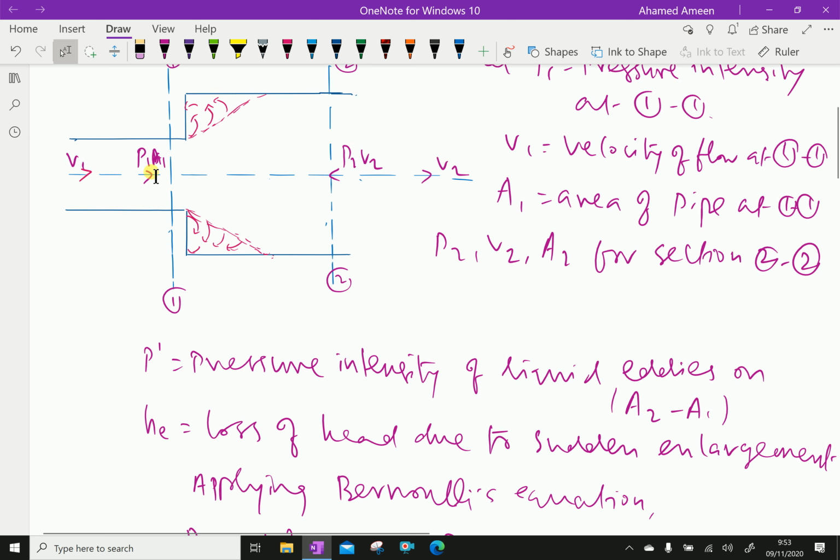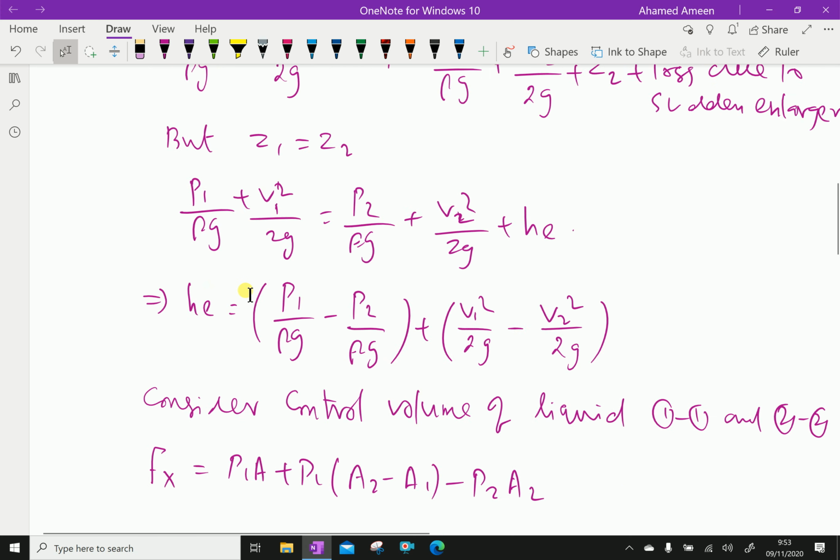Here this is P1A1, the pressure intensity this side, and also the pressure due to eddies is P1 into (A2 minus A1), and P2A2 is the force in the opposite direction, so we are using minus here.